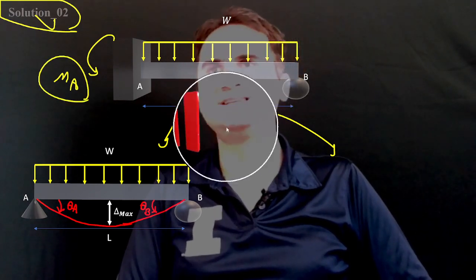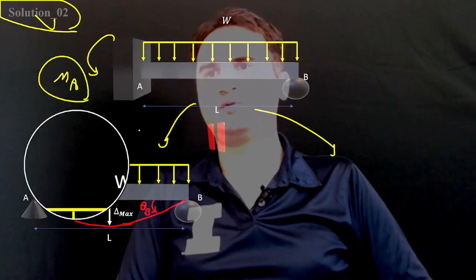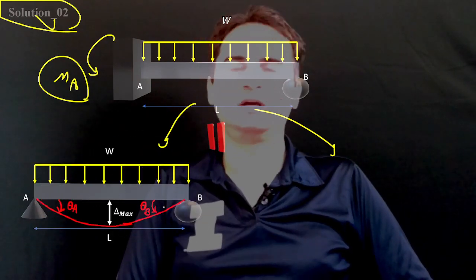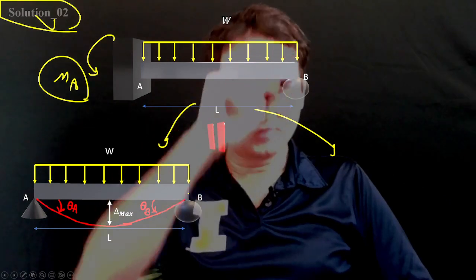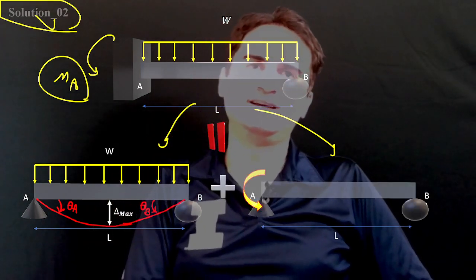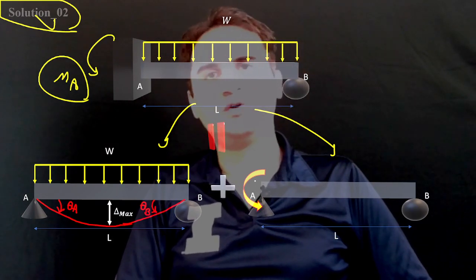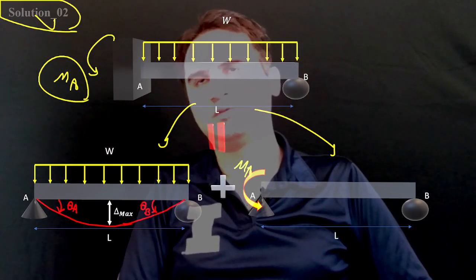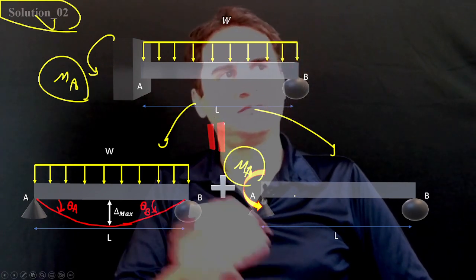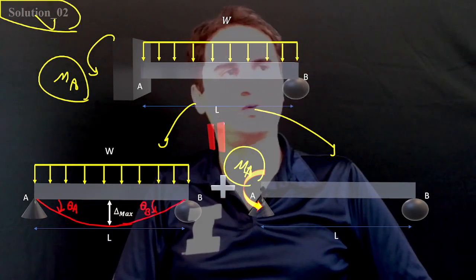As soon as you release the moment from the fixed support, it turns into two simple supports, one pin and one roller. Then you can add a simple support beam with no loading but a moment at support A.